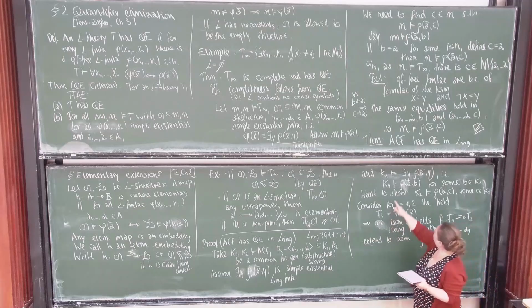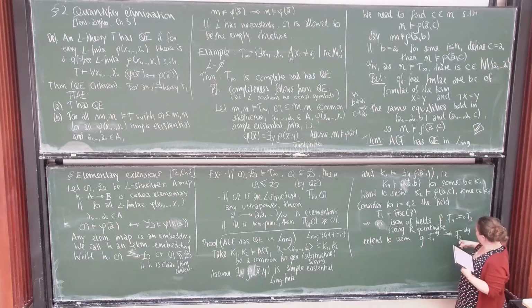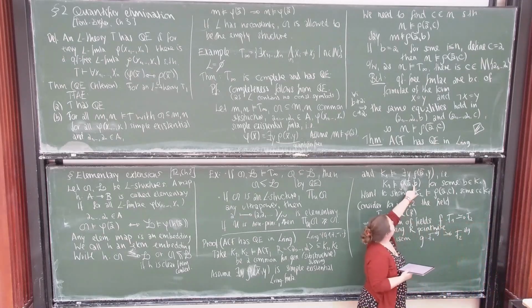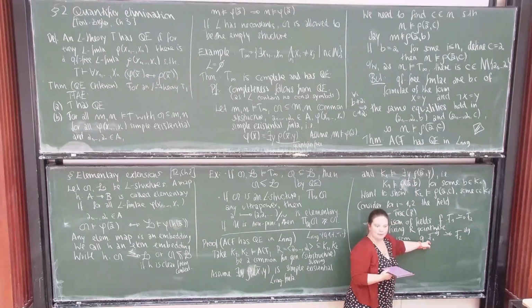Okay, so now I have an isomorphism between my algebraically closed fields, and I can already ask myself what happens if B is actually in the algebraic closure of F1.